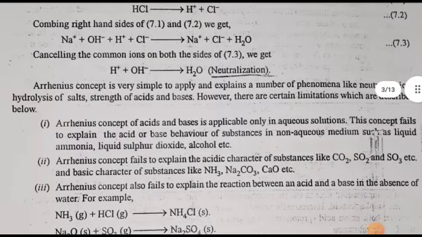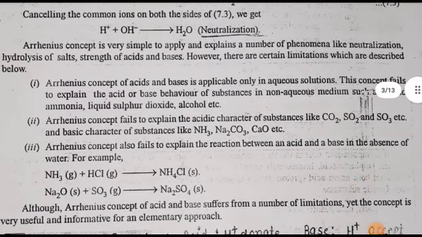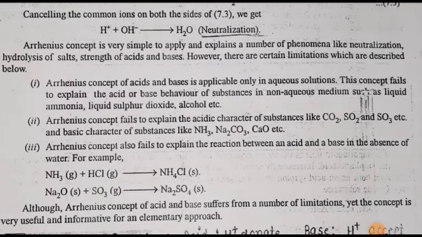The Arrhenius concept is very simple to apply and explains a number of phenomena like neutralization, hydrolysis of salt, and strength of acids and bases. However, there are certain limitations, which are described below. The Arrhenius concept of acid and base is applicable only in aqueous solution.